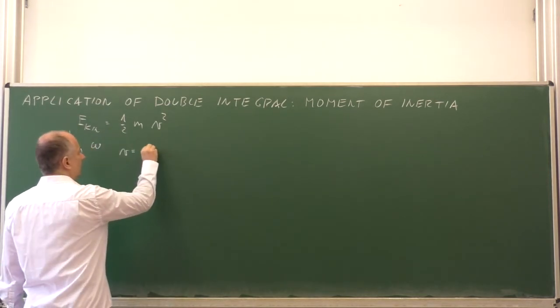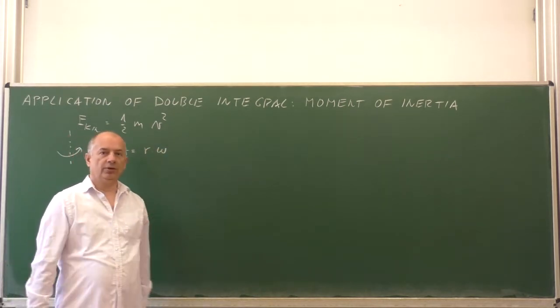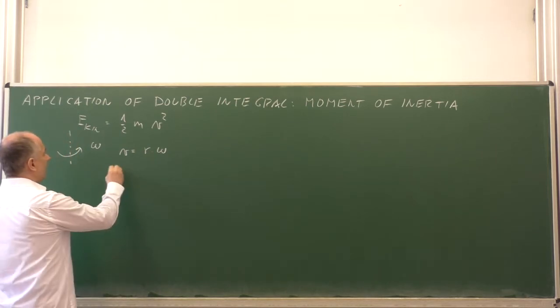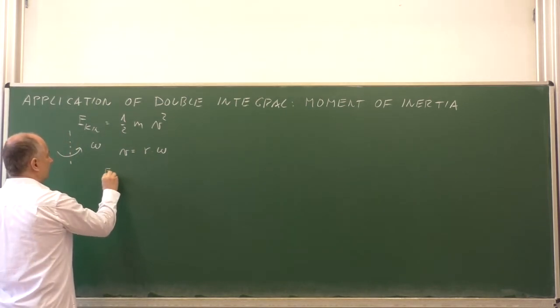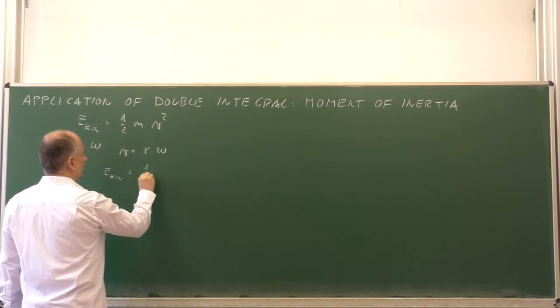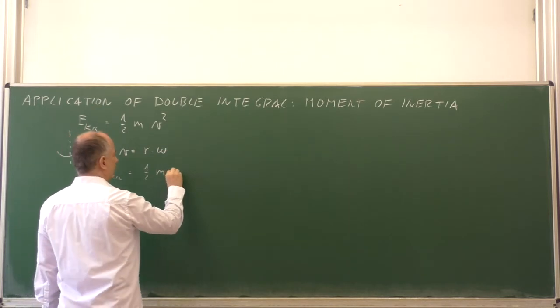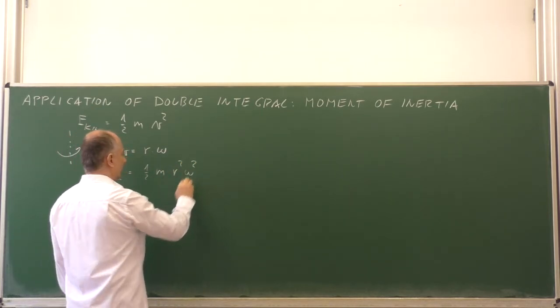And this is r times omega, where r is the distance from the axis of rotation. Then the kinetic energy of one single point is 1/2 of mass, and v squared is now r squared omega squared.